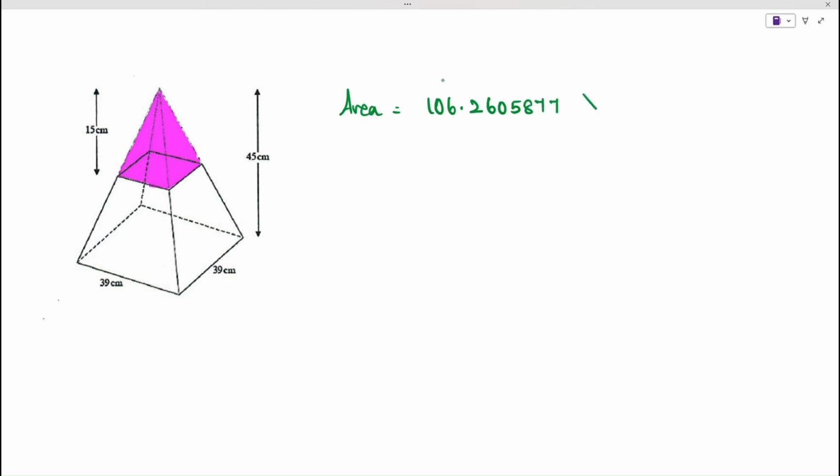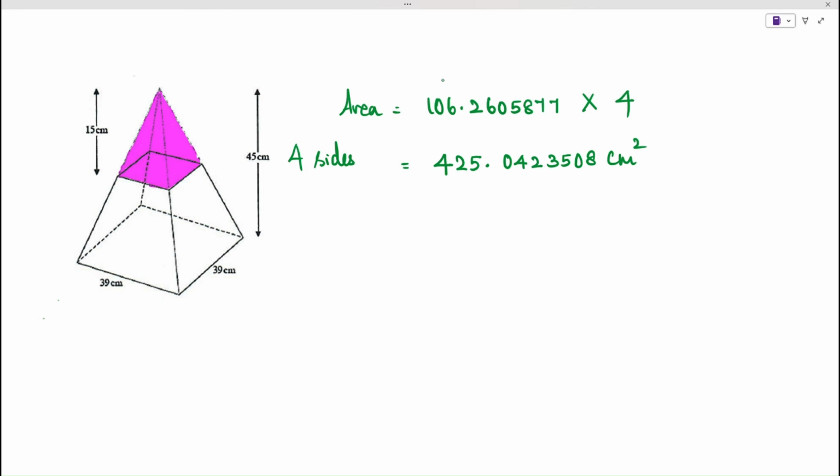We're going to multiply it by 4 because there are 4 triangular faces, and so we're going to have our answer as 424.0423508 centimeters squared.